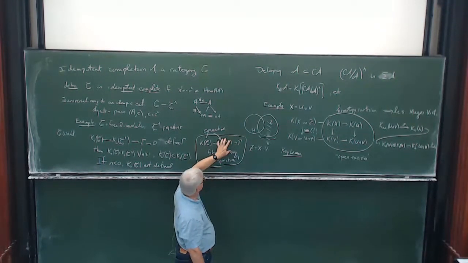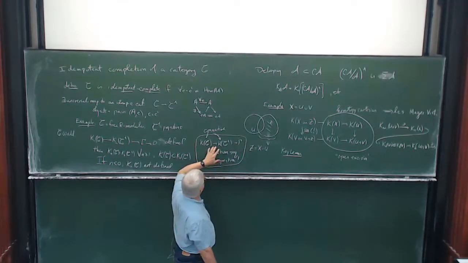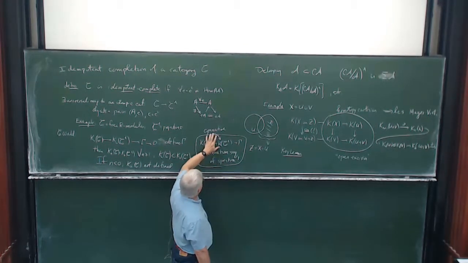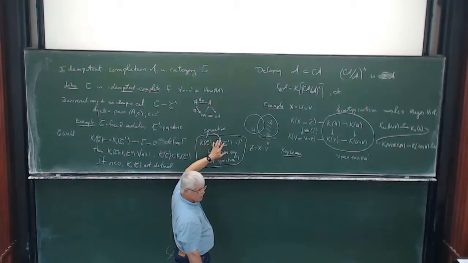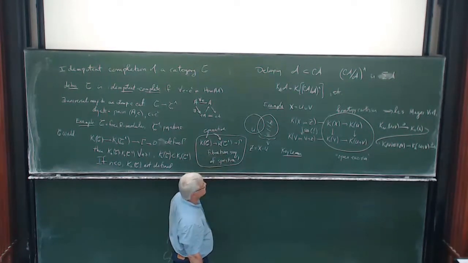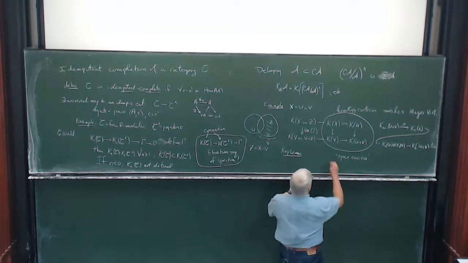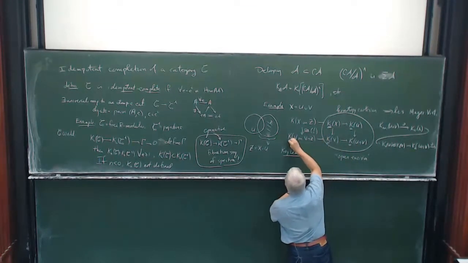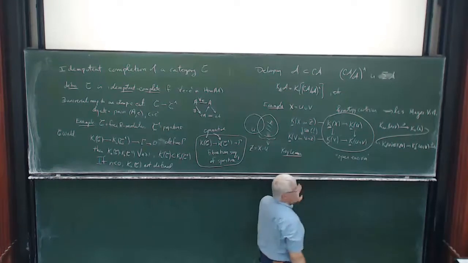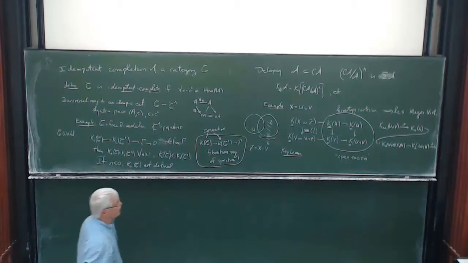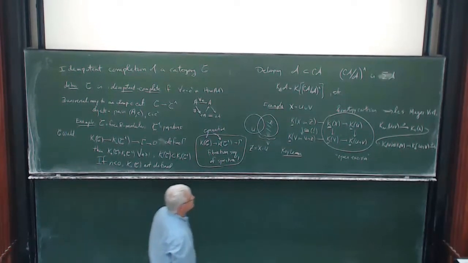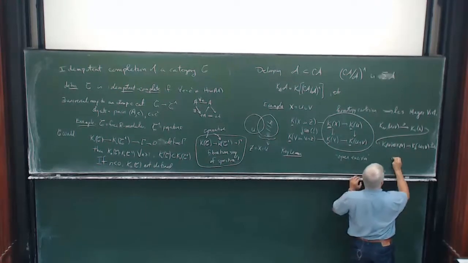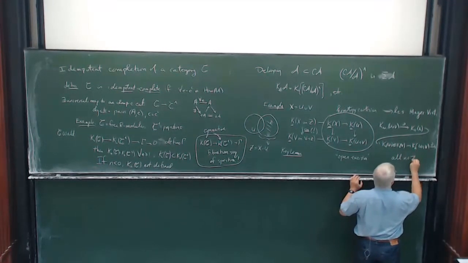So what are you going to say? When I'm talking about this, these are the connective spectra that you get out of Waldhausen. But I'm saying there, K was the non-connective. Let's do this to emphasize the fact that I have the non-connective spectra, and I will also emphasize it by writing this is true for all n in Z.